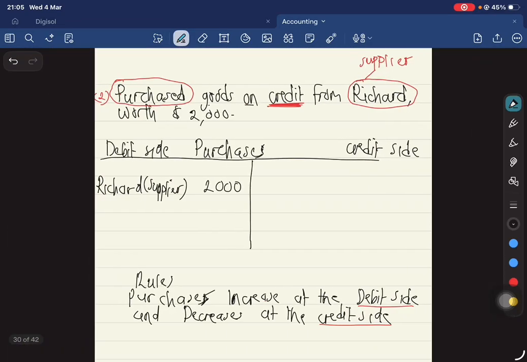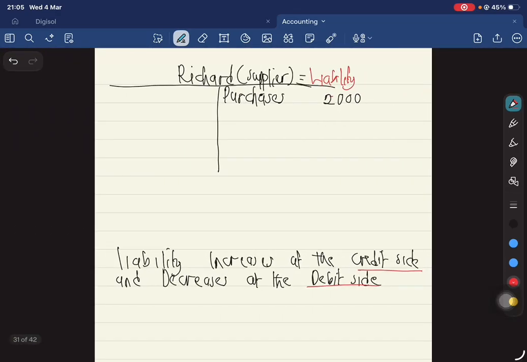So this is the trick: if you debit one account, it means you credit the other one. From this example, you can see we debited purchases, and with Richard being a supplier, we credited Richard.